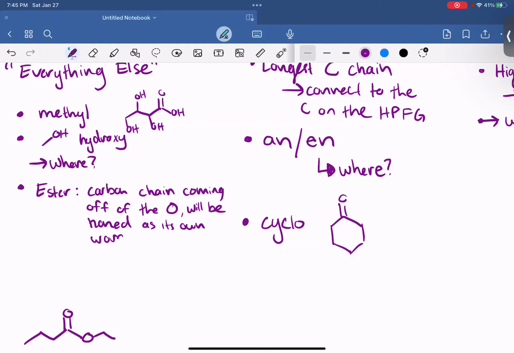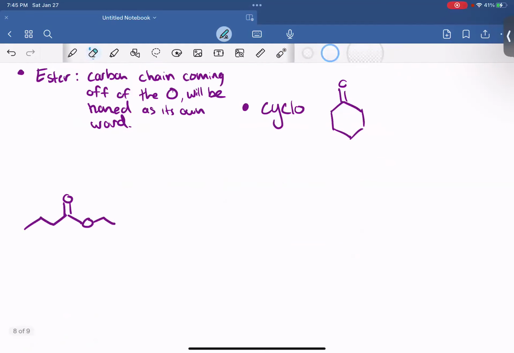And we'll look at an example here. So we'll throw an alcohol onto there and a double bond.